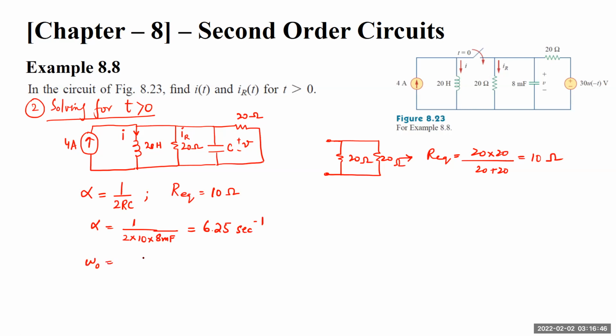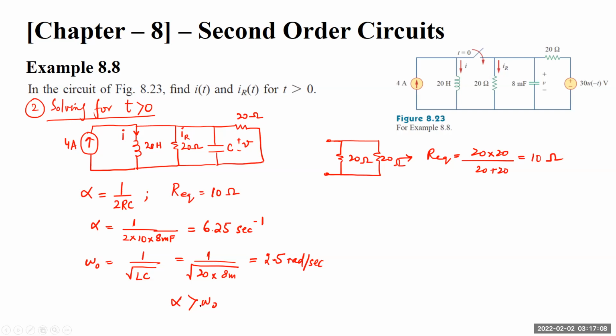We have the value of alpha. Now we have to find out omega naught. Omega naught is 1 by under root LC. So 1 by under root LC, with inductance 20 multiplied by capacitance 8 millifarads. When we find the value, it comes out to be 2.5 radians per second. So now we have alpha greater than omega naught.